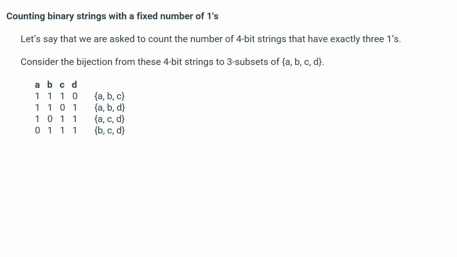So for this first line here, the first 3 digits are 1, and so that would mean the first 3 elements of this set, A, B, C, make up the subset.